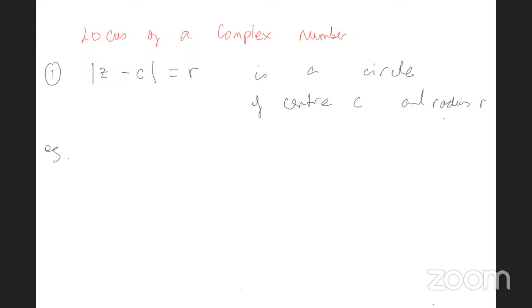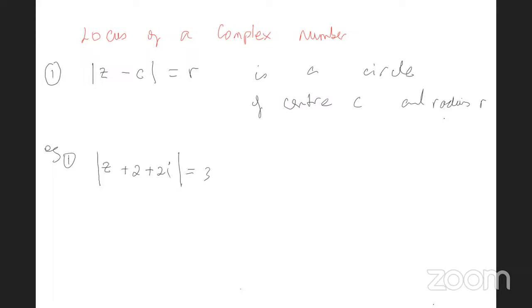So let's say I gave you something like this. Suppose I said, find the locus of this and just sketch it as well. Let's say I gave you the modulus of z plus 2 plus 2i, and that was equal to 3.